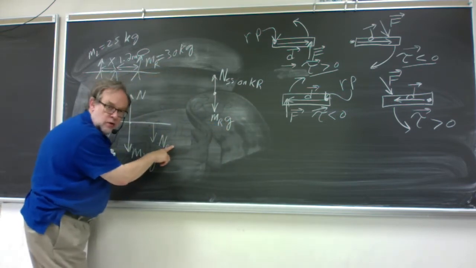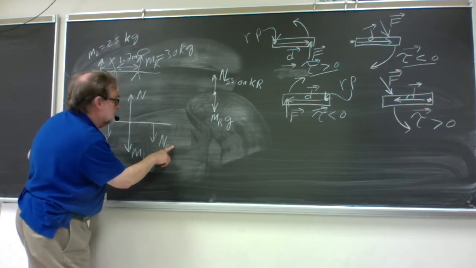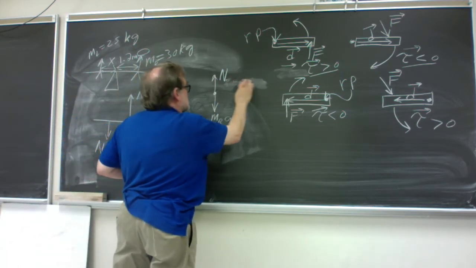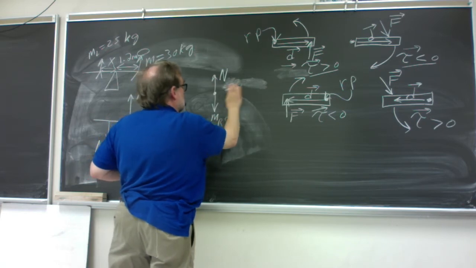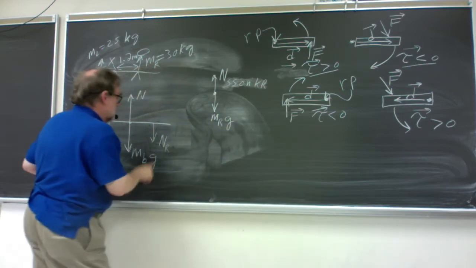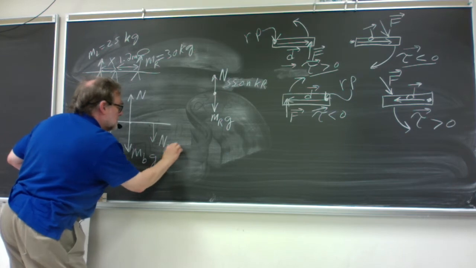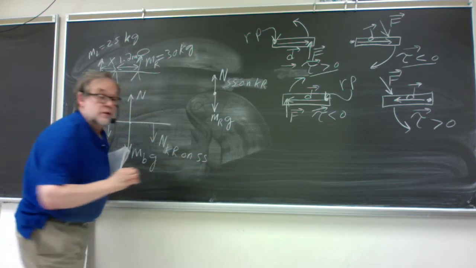This force here is a normal force, I had this backwards. This is a normal force on the kid on the right, seesaw pushing up on the kid on the right. This is a force from the kid on the right pushing on the seesaw.